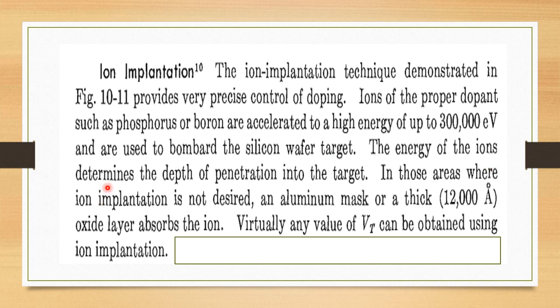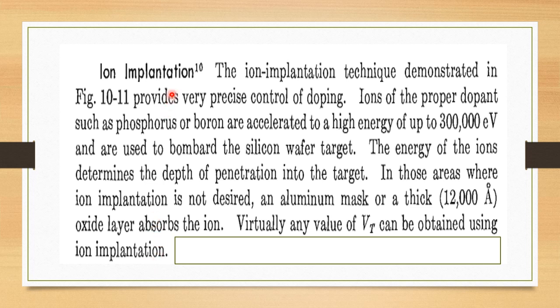The energy of the ions determines the depth of penetration into the target. In those areas where ion implantation is not desired, an aluminium mask or a thick 12,000 Angstrom oxide layer absorbs the ions. Virtually any value of Vt can be obtained using ion implantation.